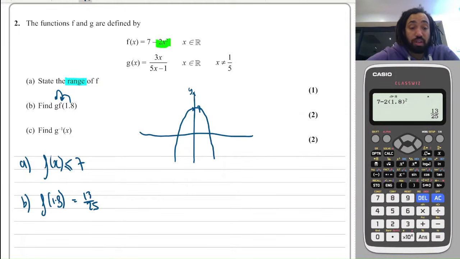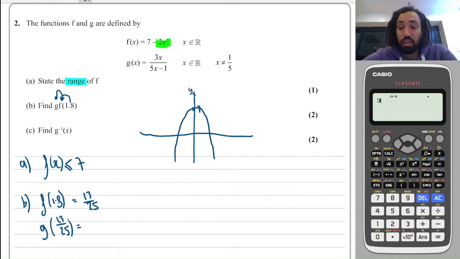And the next thing I need to do is work out g of that new value, 13 over 25. So again, I'm going to go to my calculator and I'm going to do 3, let's open up a fraction first, 3 of 13 over 25.